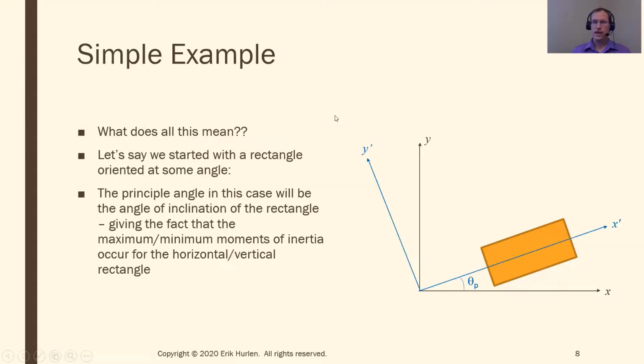And the answer I'm going to get will actually be the horizontal and vertical ones. So the answers for my principal angles will be for the x' and y' axes that make this either vertical or horizontal. So this x' axis, the moment of inertia about that will be basically the horizontal orientation.